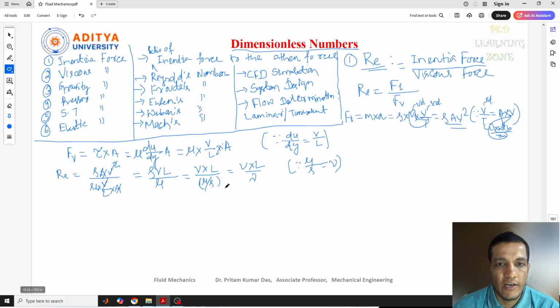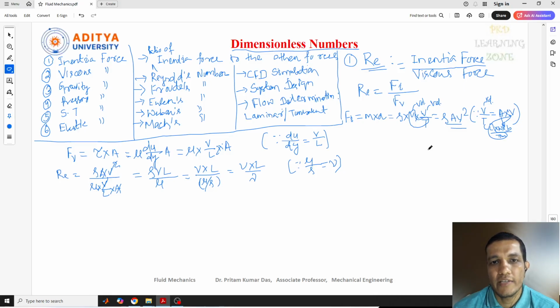As I have told you, the Reynolds number is used for closed surface flow or open surface flow, and it is also used to identify whether the fluid flow is laminar, transition or turbulent. That depends on the Reynolds number values. These things we have already discussed in our previous videos many times: based on the Reynolds number value, we can define whether the flow is turbulent, laminar or transition.